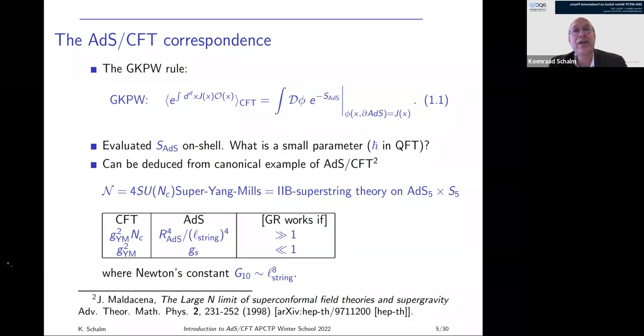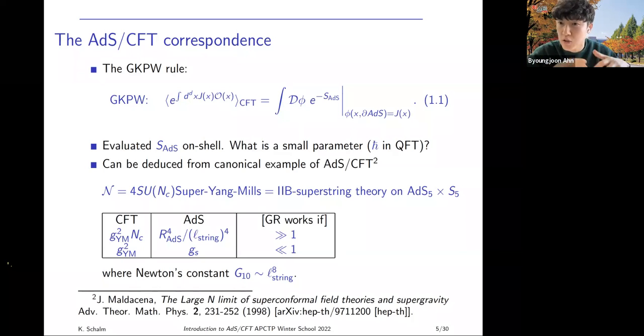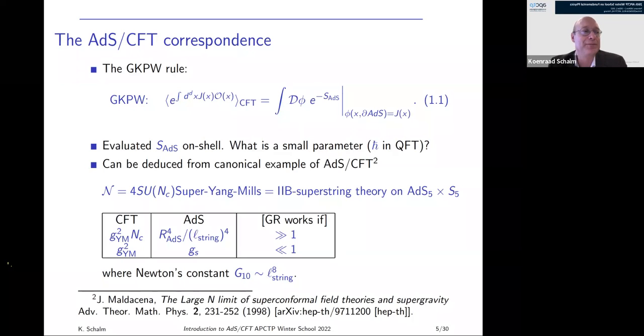Your question is, if I use Neumann boundary conditions, do I still have the identification of A as a source and B as the response? How does it change?